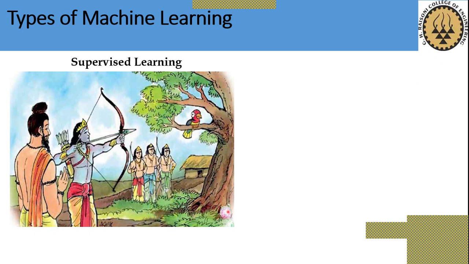His rishi has given some instruction to that particular person, and under his supervision, that person is trying to perform some task. So this is called supervised learning.